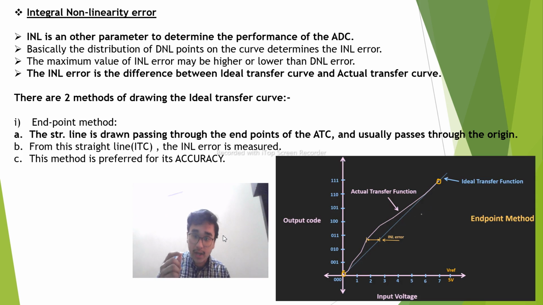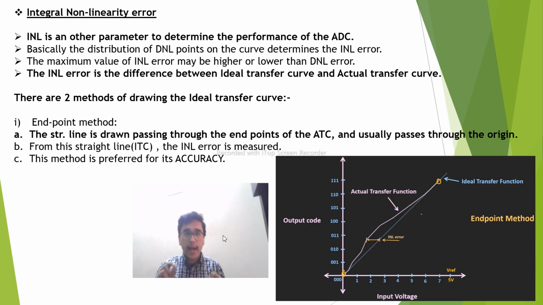Another observation you could have made is that it is always passing through the origin of the axis. So we have to draw the ideal transfer line such that it is passing through the two end points of the actual transfer curve. This is nothing but the endpoint method.